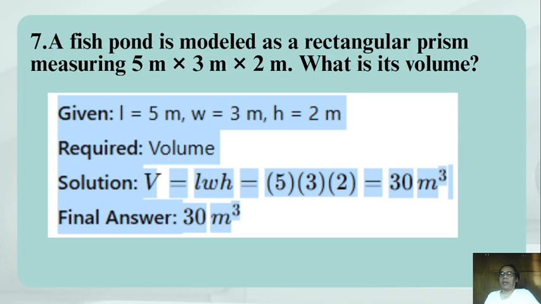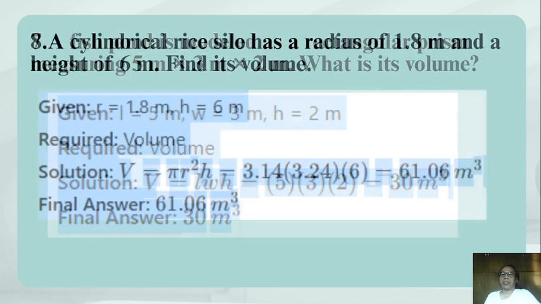So we are required to obtain the volume. So as solution, the formula to use is V equals length times width times the height. Substitute the given data. Our final answer is 30 cubic meters.